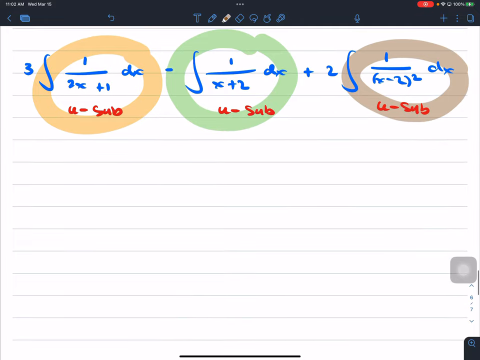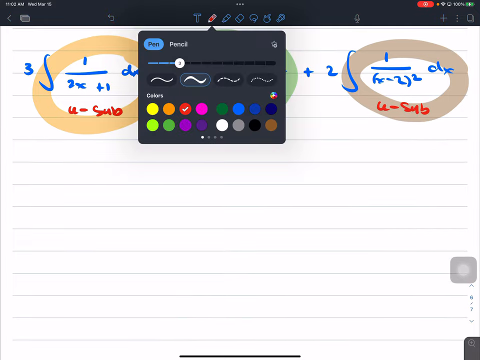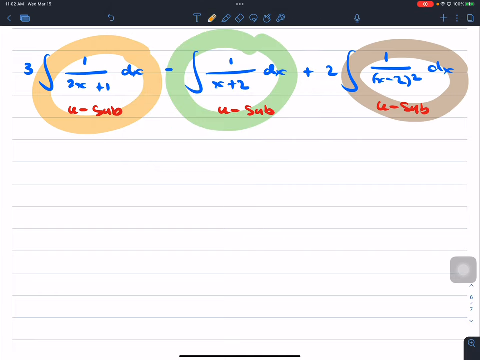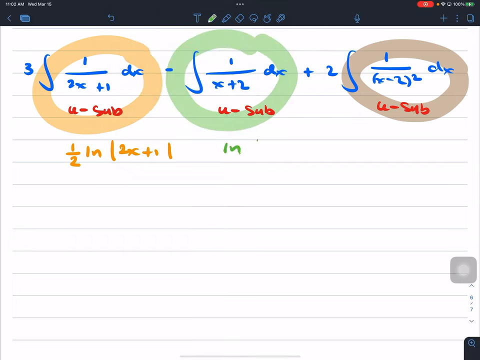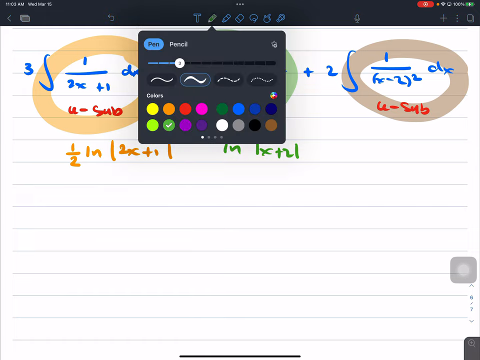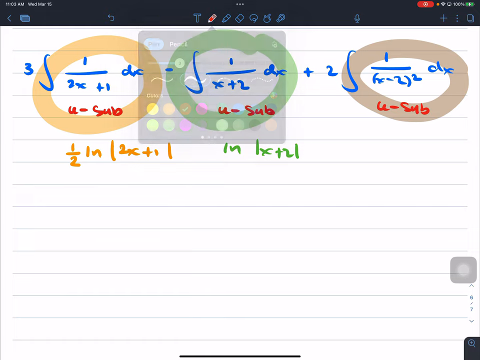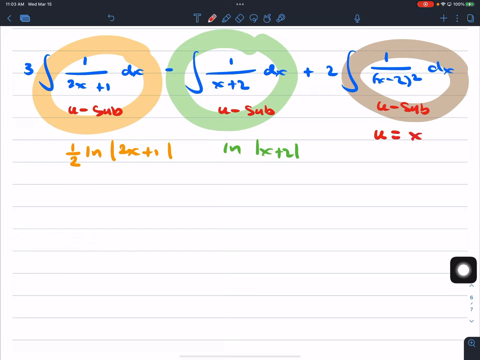So for U sub, notice this integral here in orange. I'm going to put it in orange maybe, right? 1/2 natural log absolute value 2x plus 1. In green, well, that's just the natural log absolute value x minus 2. And then, what is this one in brown or gold? You say, I'm going to have to do the work here.